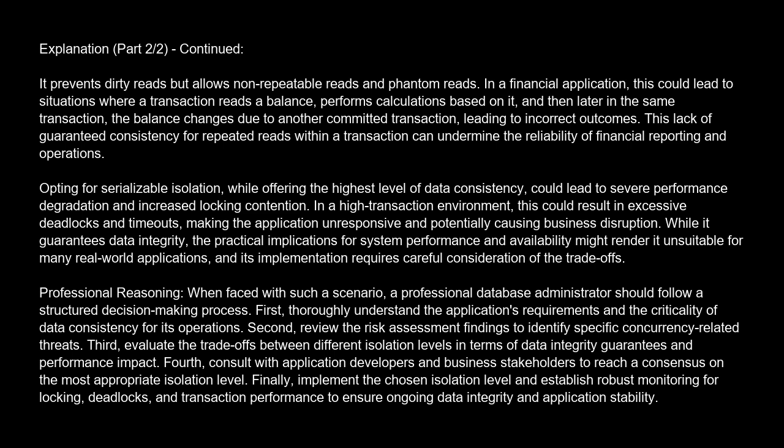Third, evaluate the trade-offs between different isolation levels in terms of data integrity guarantees and performance impact. Fourth, consult with application developers and business stakeholders to reach a consensus on the most appropriate isolation level. Finally, implement the chosen isolation level and establish robust monitoring for locking, deadlocks, and transaction performance to ensure ongoing data integrity and application stability.